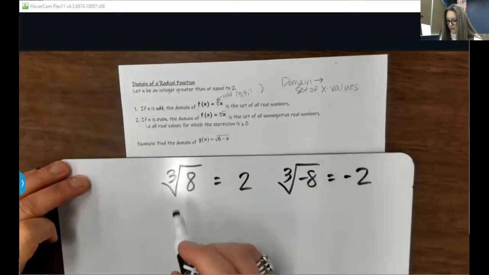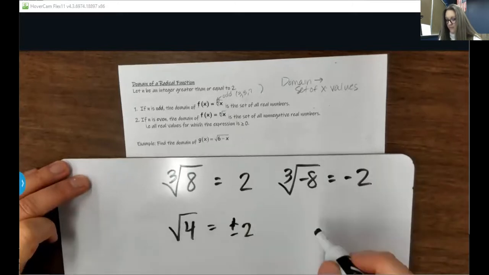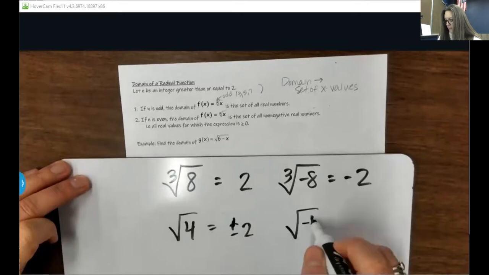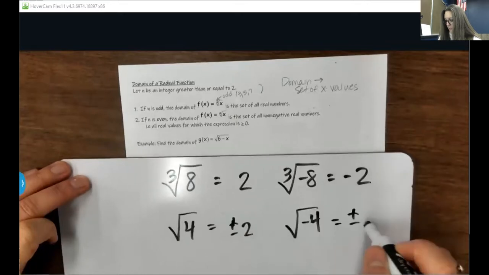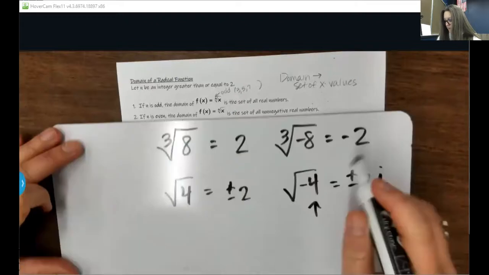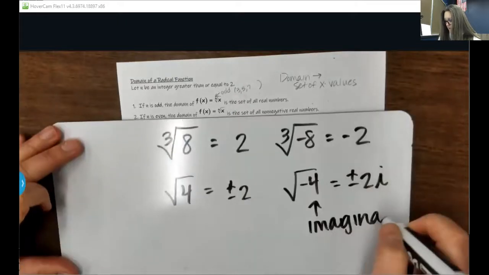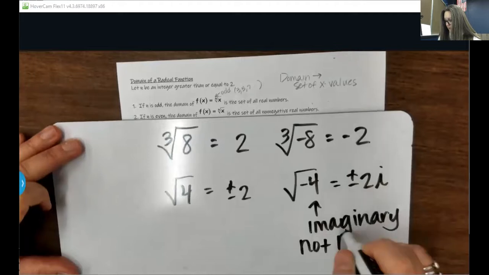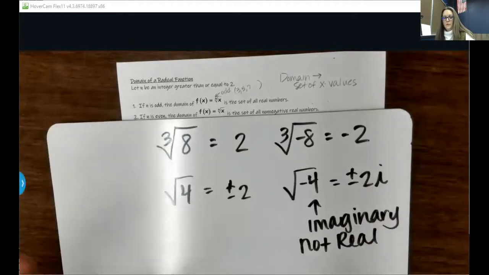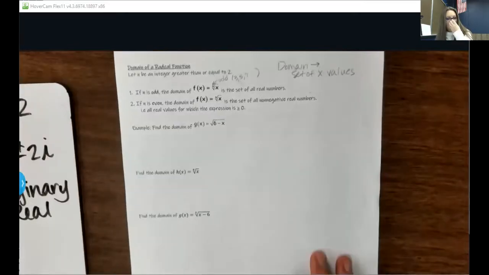But remember when we had the square root of 4, that was positive or negative 2, but I can't have the square root of -4. That would be an imaginary number, so it's not real. That's all that means. We're going to look at this on the graph and see why.